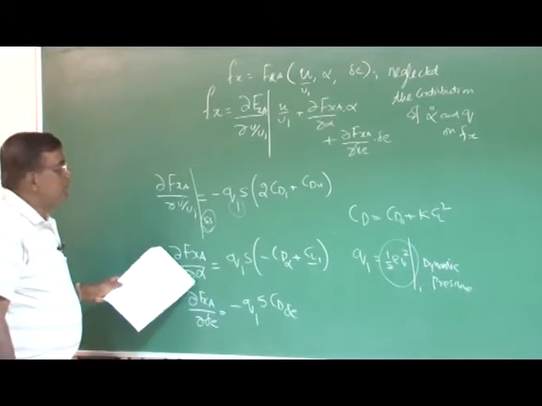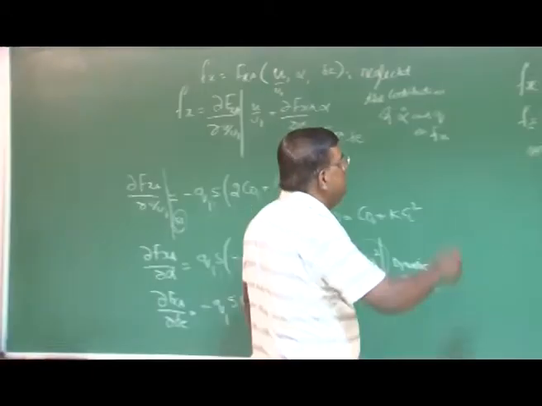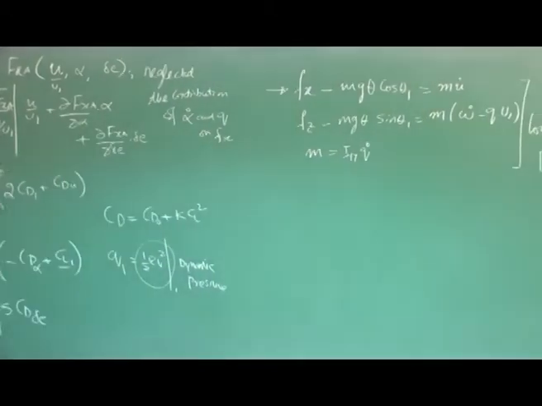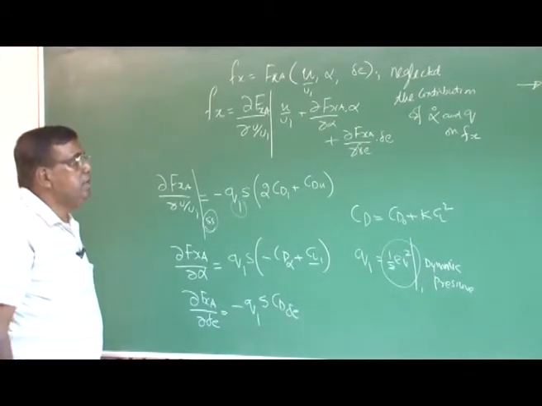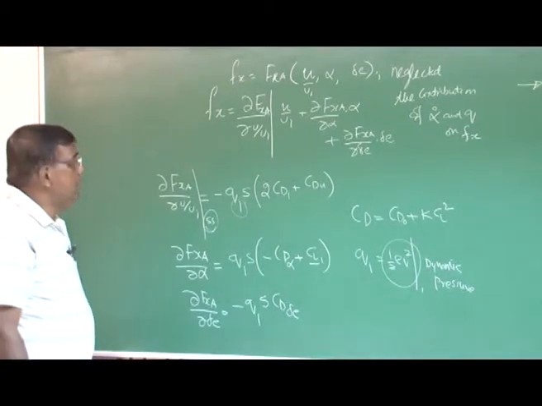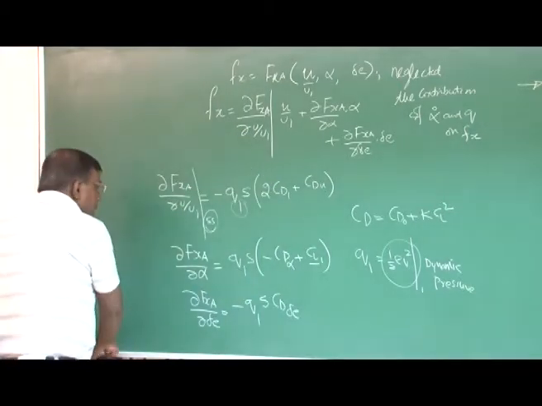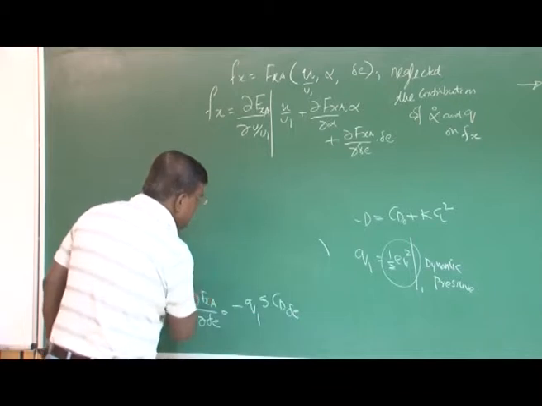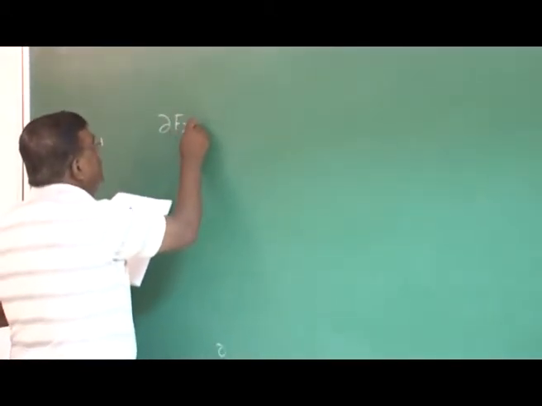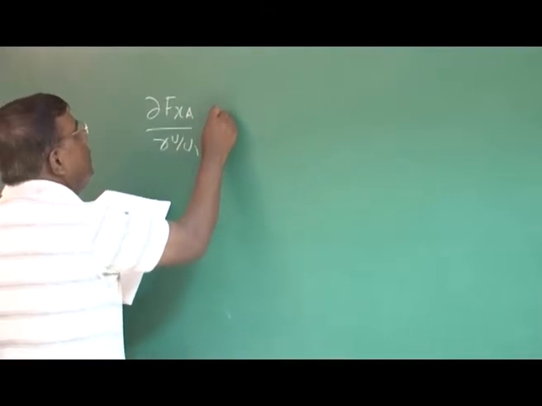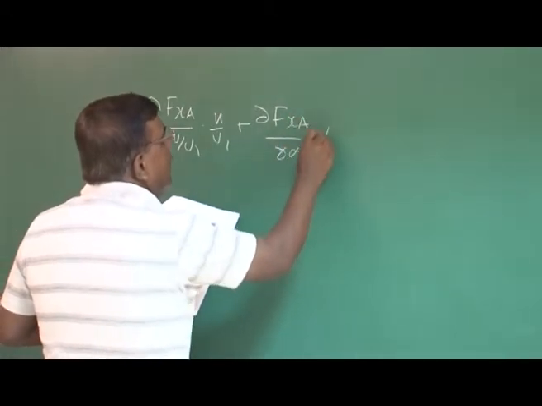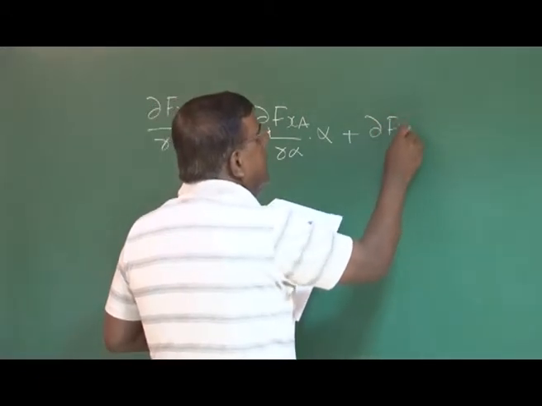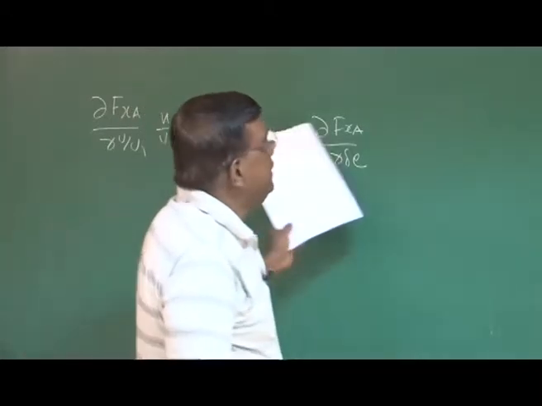Once I know this, it is so straightforward for us. We'll take the first equation, fx, and see how we can further simplify it in a manner where we can use our normal understanding of Laplace transform, etc. If I substitute these things there, I can write for fx: df xa by d(u by u1) into u by u1 plus df xa by d alpha into alpha plus df xa by d delta E into delta E, that is for fx.